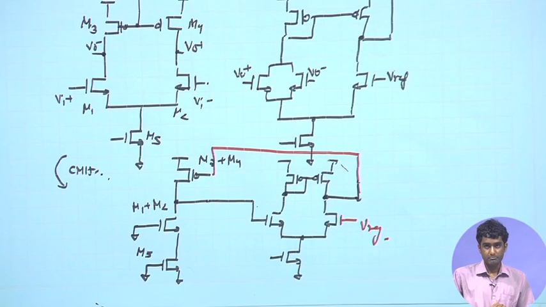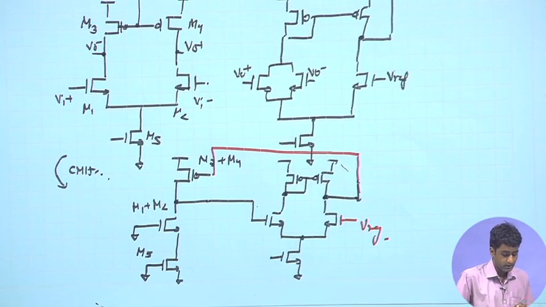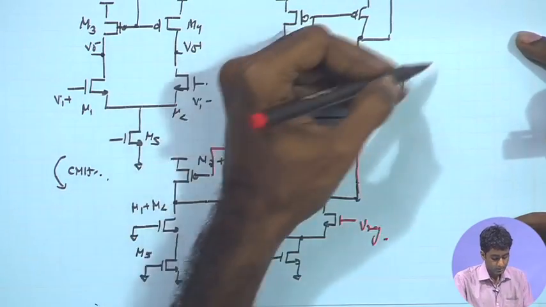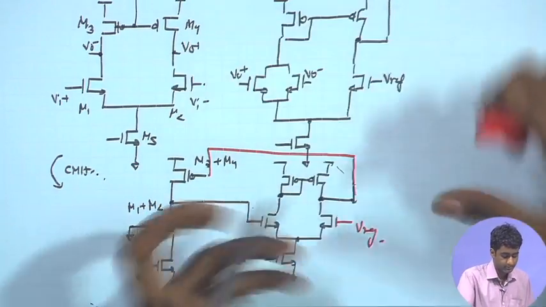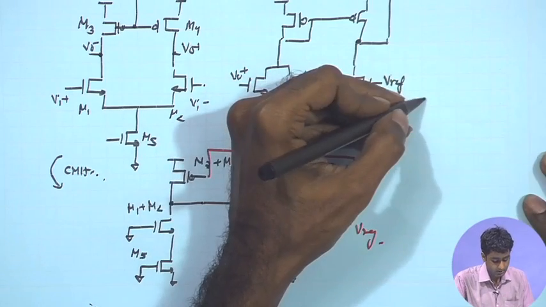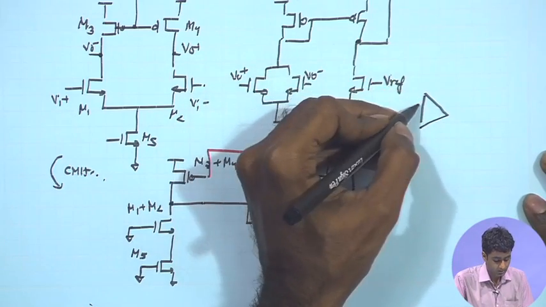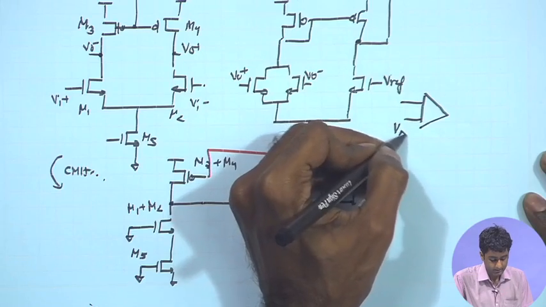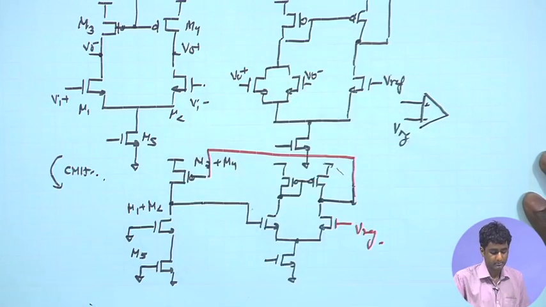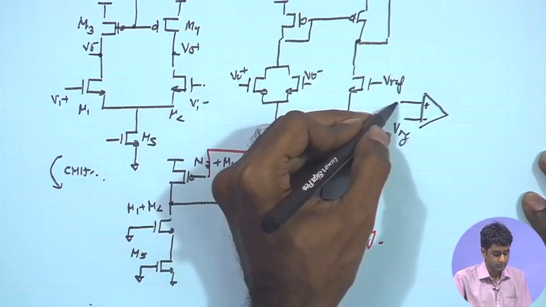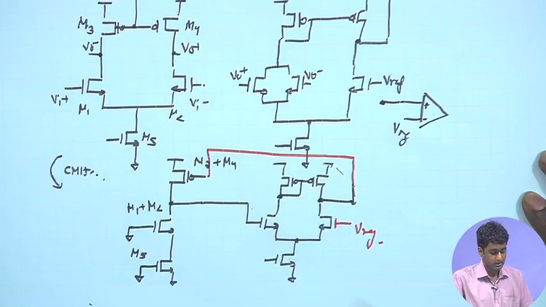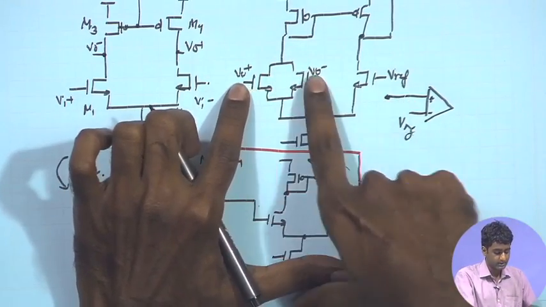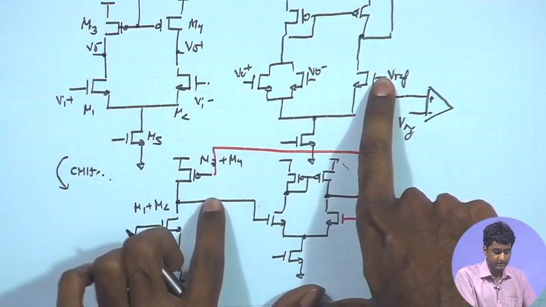So, here if we look at the overall operation, if we remember our analysis, if we represent this error amplifier as a symbol and then look at the terminal definition, we had said that the reference signal is at the negative terminal and this one is at the positive terminal, right. So, the actual VCM that is coming from this combined transistor is actually behaving like the positive terminal and Vref is the negative terminal.